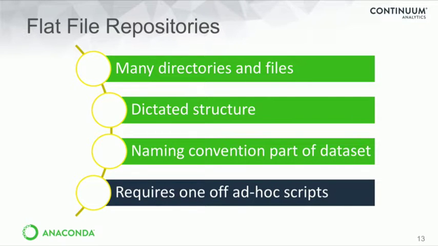The naming conventions of the directories and of the files are actually part of the data set. We'll talk a little about what I mean in the next slide, but as an example, let's say they're organizing by date, so you have year, month, and then day as a directory hierarchy. Oftentimes they won't actually put the date in the underlying data set.